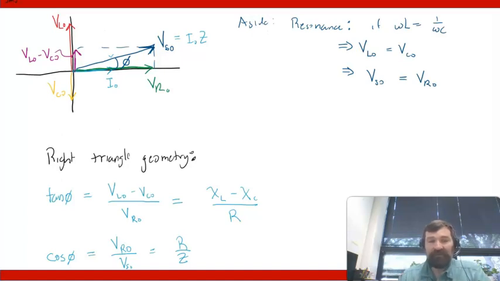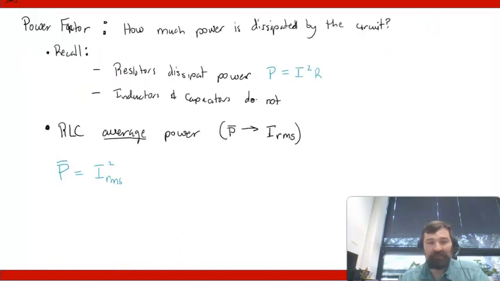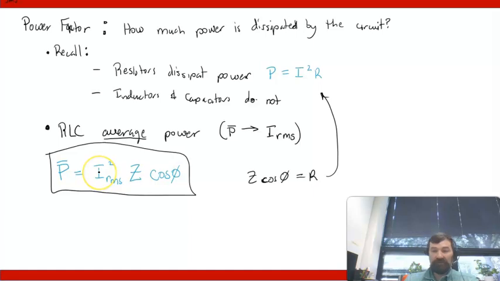Looking at this phase angle, if I want to get R isolated from Z, R is Z times cosine phi. So this ends up looking like I_RMS squared times Z times cosine phi. And that duplicates the other equation that I had before with DC power and an ohmic resistor only.